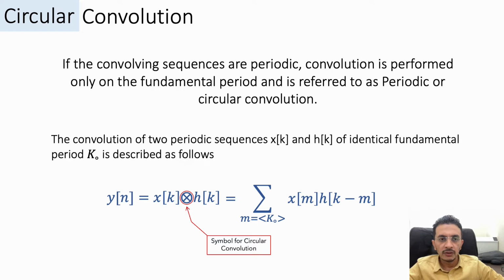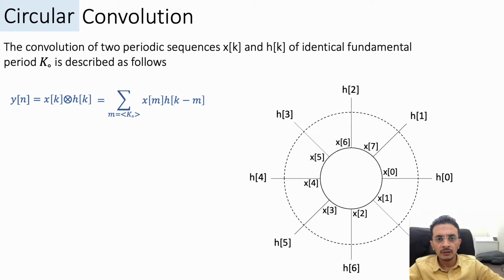Now let us look at it graphically, how we do it. First thing is, we draw two concentric circles, this inner one and this dotted outer one. On the inner one we lay down the samples of the sequence that is static, that we do not intend to shift, like in our case it is xk.